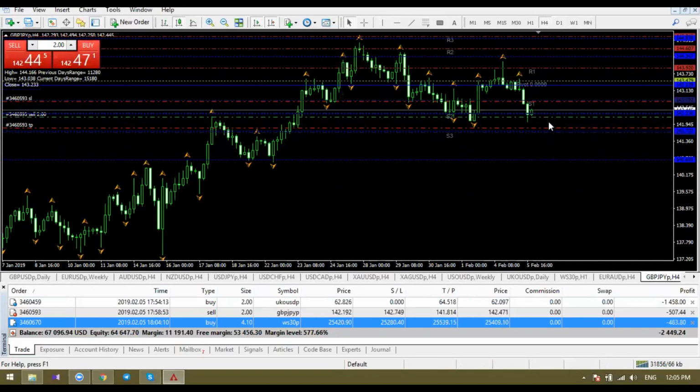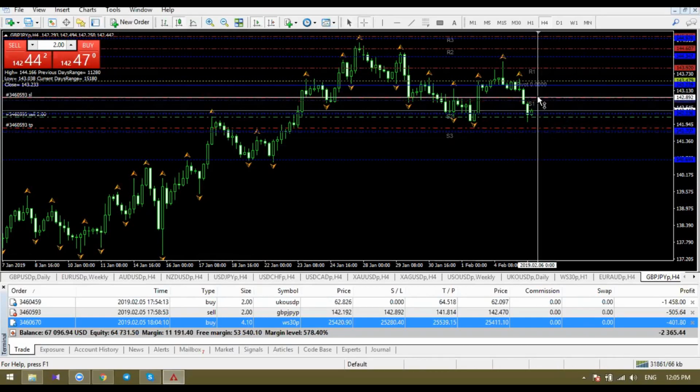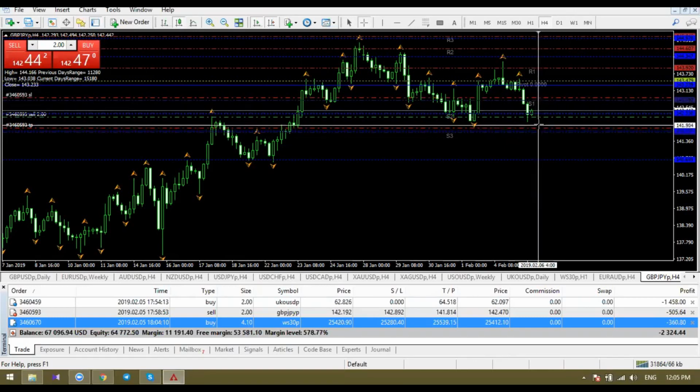It's 10 p.m. The medium term high is descending. Because this has ended in a pivot, it would be overlapping. So it would reach here, and your stop loss should be a little higher. Put your stop loss at 142.892.